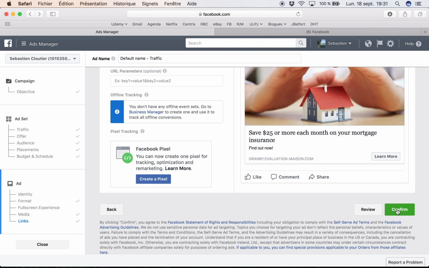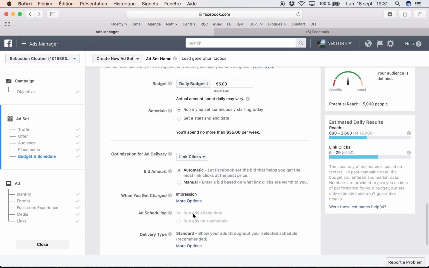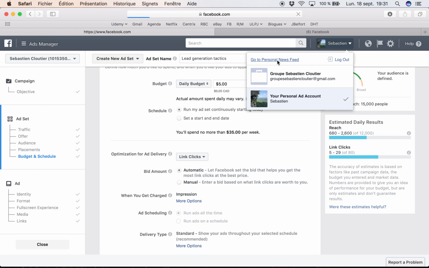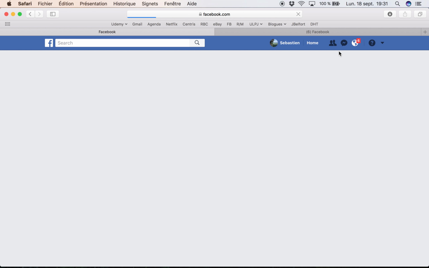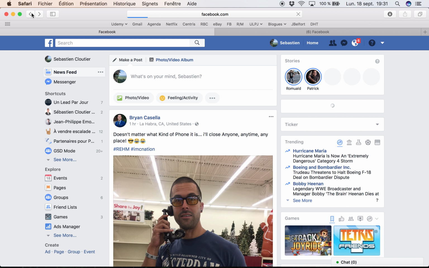If this is the first time you place an ad on Facebook, then it's going to ask you for your credit card information, and let's cover that. I'm not going to click confirm, obviously. I don't want to place that ad right now. But what I do want to show you is, maybe I went too far, let me try to go back.